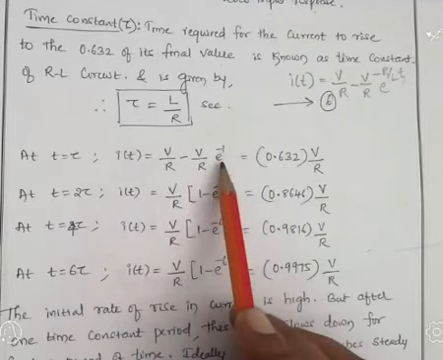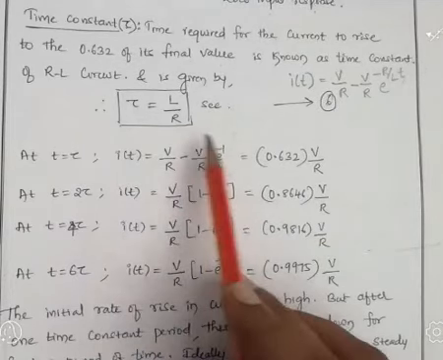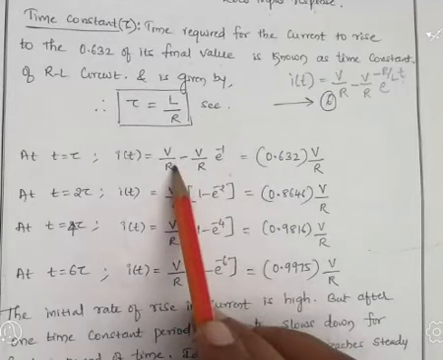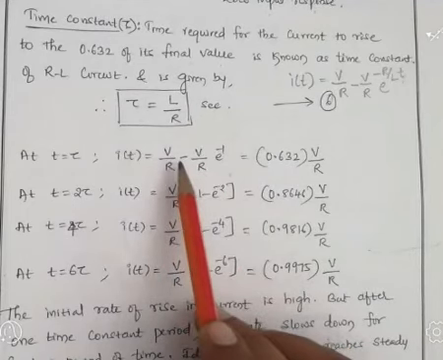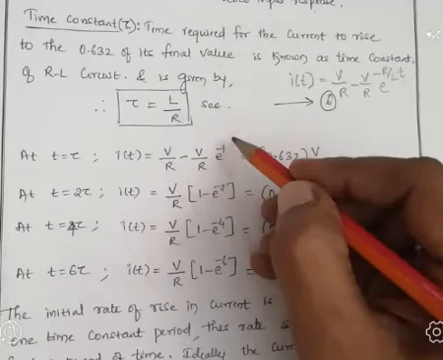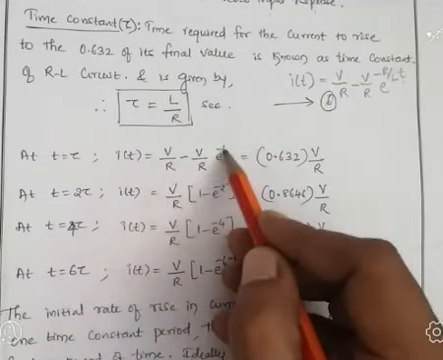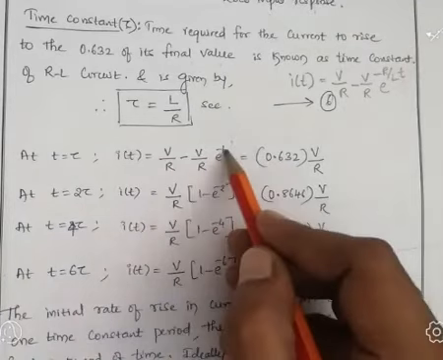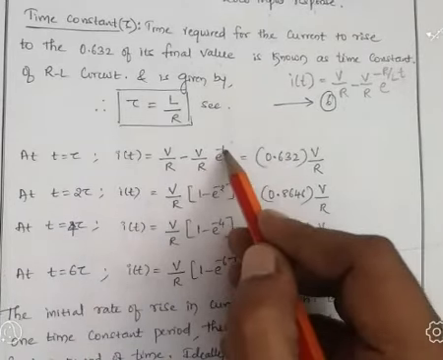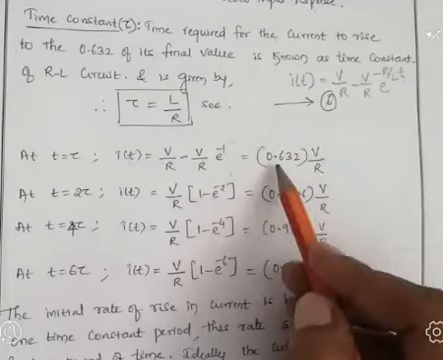Take V by R common: V by R outside, and 1 minus e to the power minus 1 inside. If you simplify, you will get 0.632.